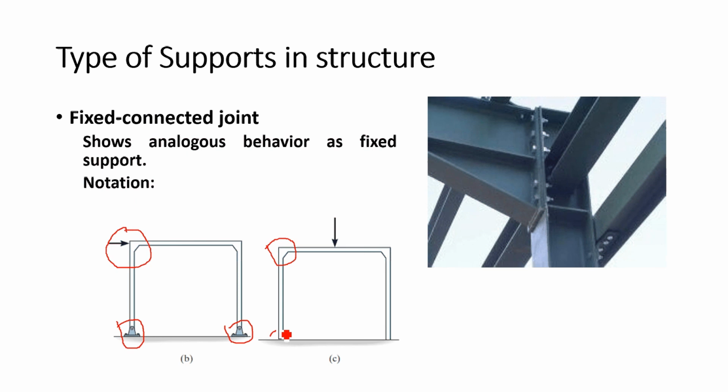But here you can see this is your typical fixed support. But this part is a fixed connected joint. What is a fixed connected joint here? It will provide restriction to vertical and horizontal movement as well as rotation, right? Okay.